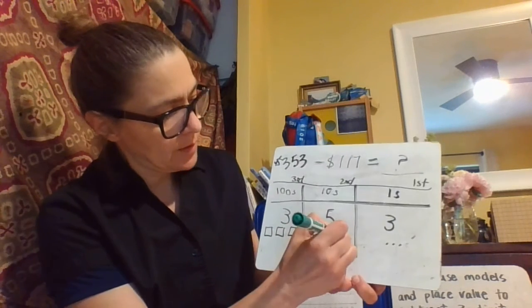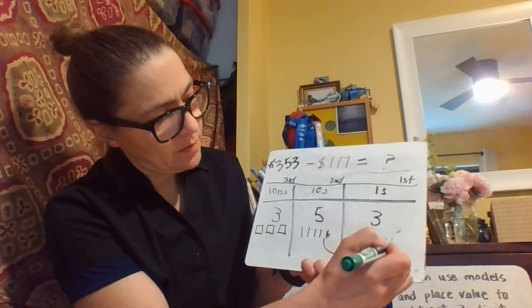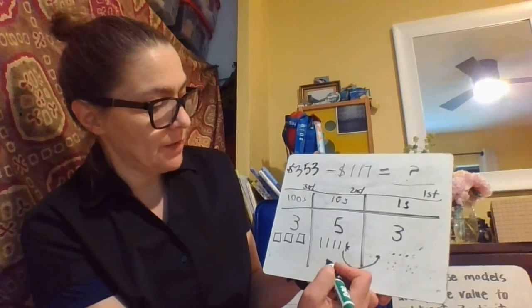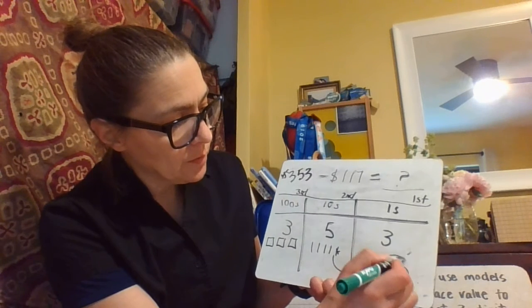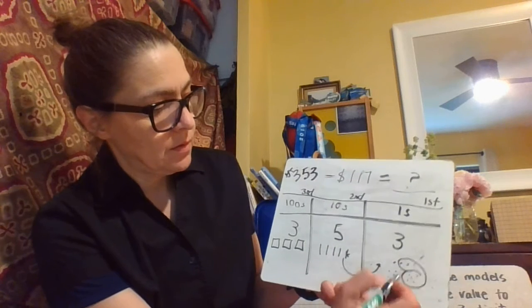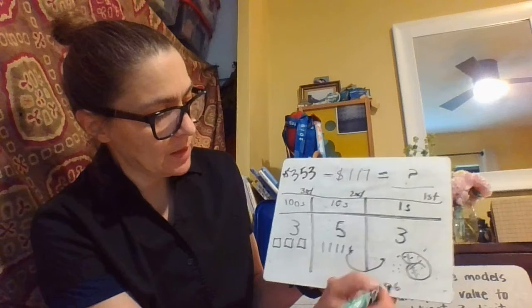Cross it off, move it in there, 5 plus 5 is 10. So now we can take away 7. So we have 5 plus 2 is 7. And we take that away. And we're left with 5 plus 1, which is going to be 6.